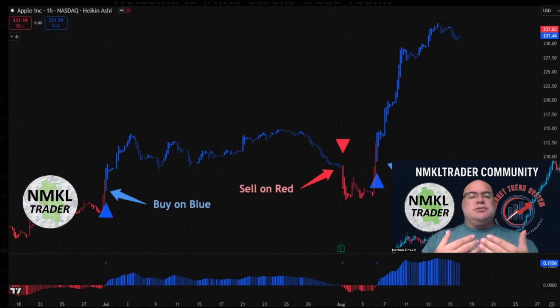They will go to whatever mobile device you're using, provided you set it up correctly in TradingView. This is how powerful the market trend system is, and coupled with the NMKL community, where you come in and you learn how to trade this, you're set for success, people.